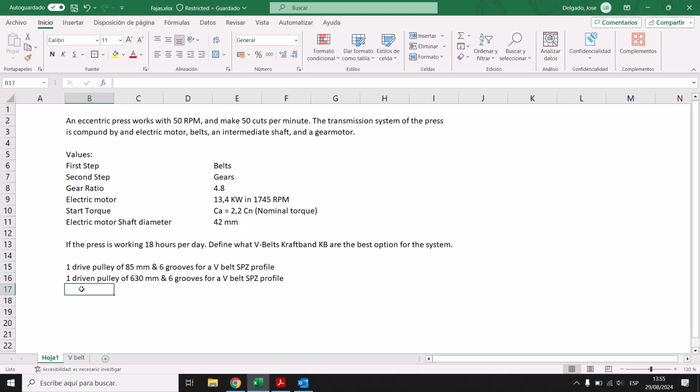The next one we have is one multiple belt, SPZ of 3,350 millimeters of length.